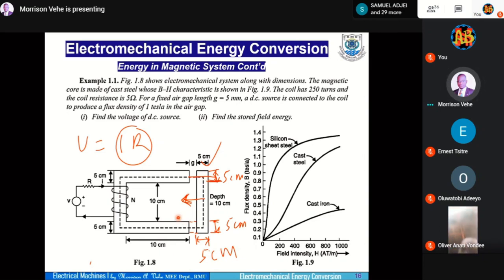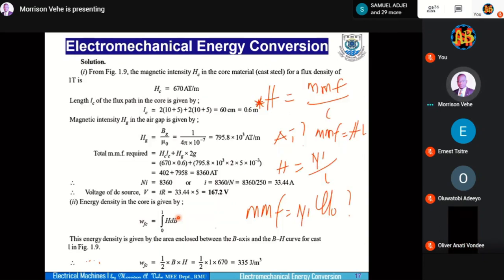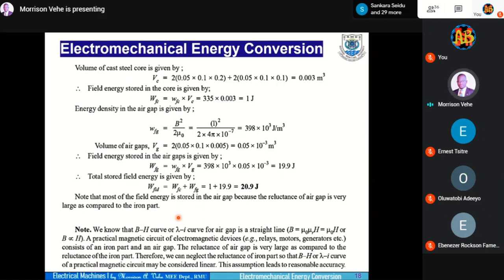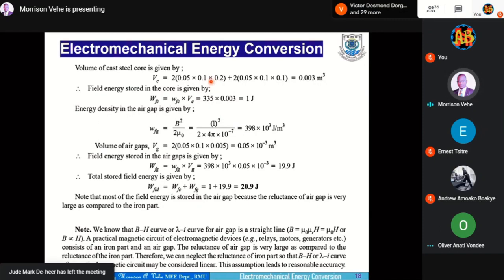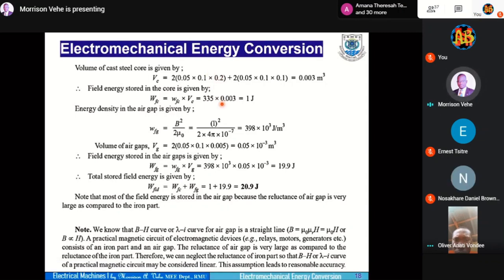So as far as the air gap is concerned, that's why we are multiplying it by the upper and then the lower, which is also 0.2.